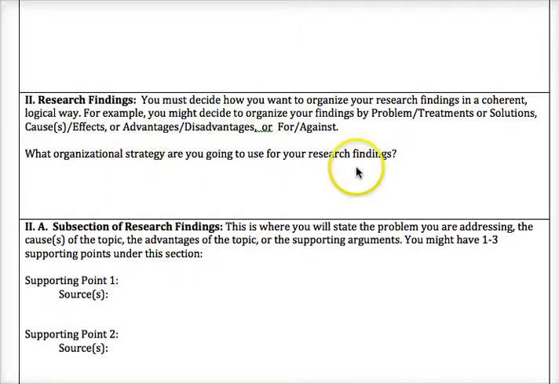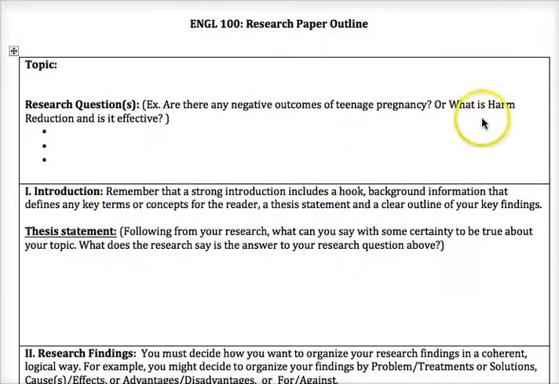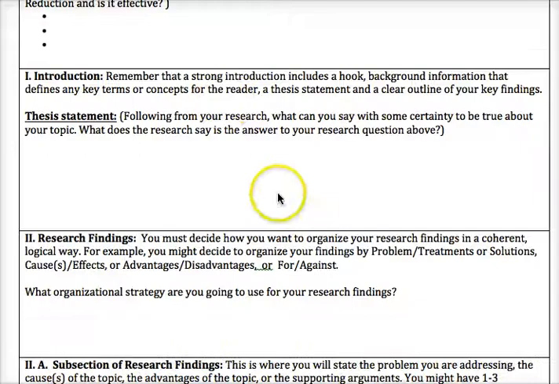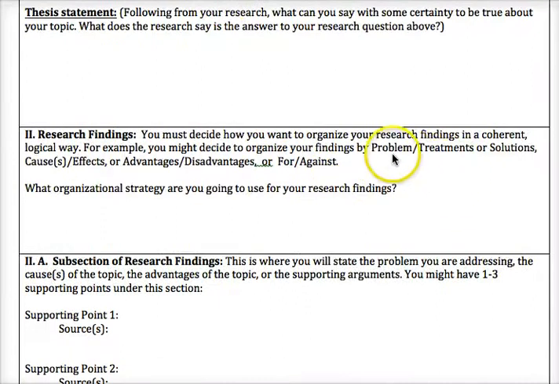So if I was going to do, say, harm reduction and is it effective, I might identify harm reduction as one of the treatments or solutions, and then identify the problem first, and then include information about harm reduction as a treatment or solution.